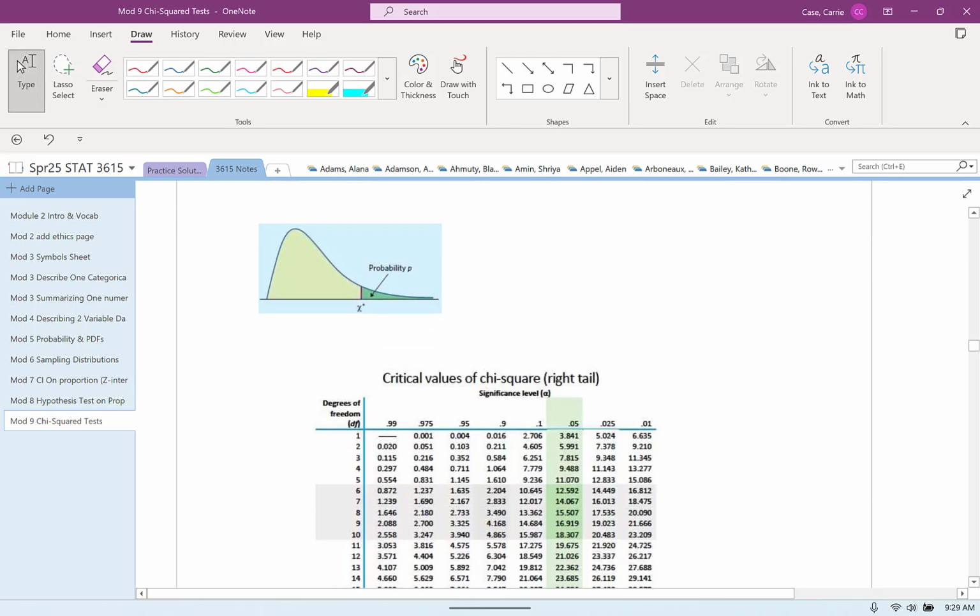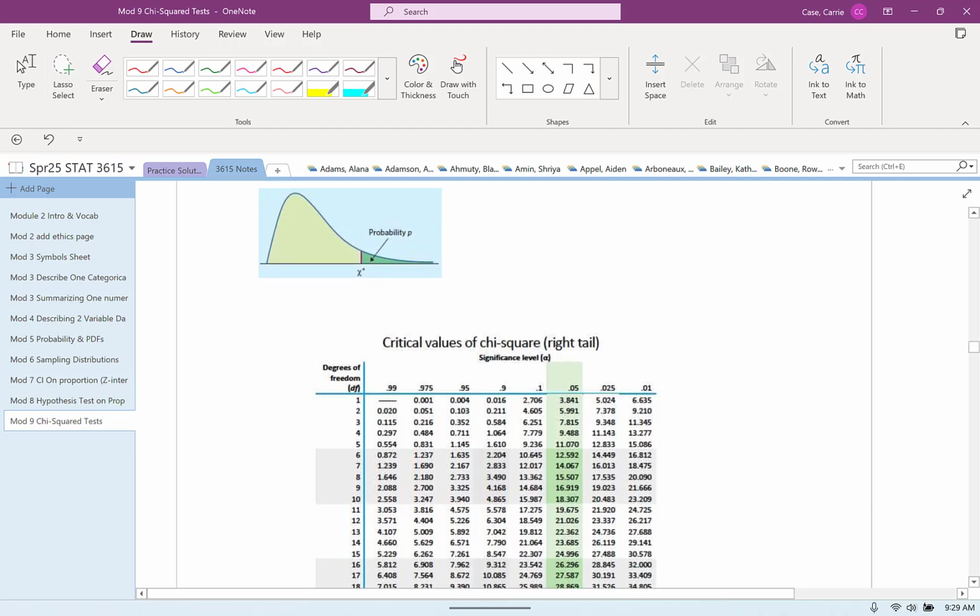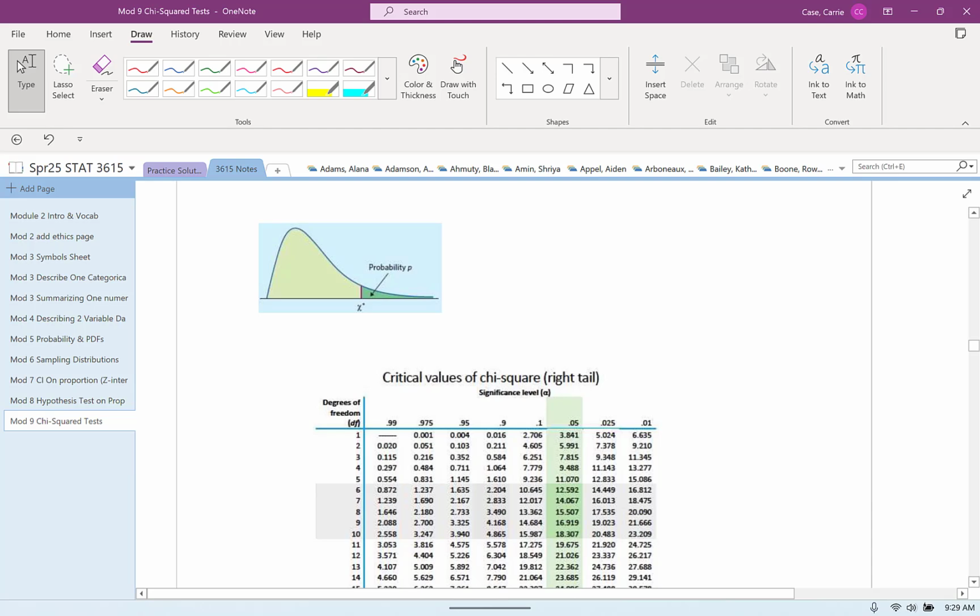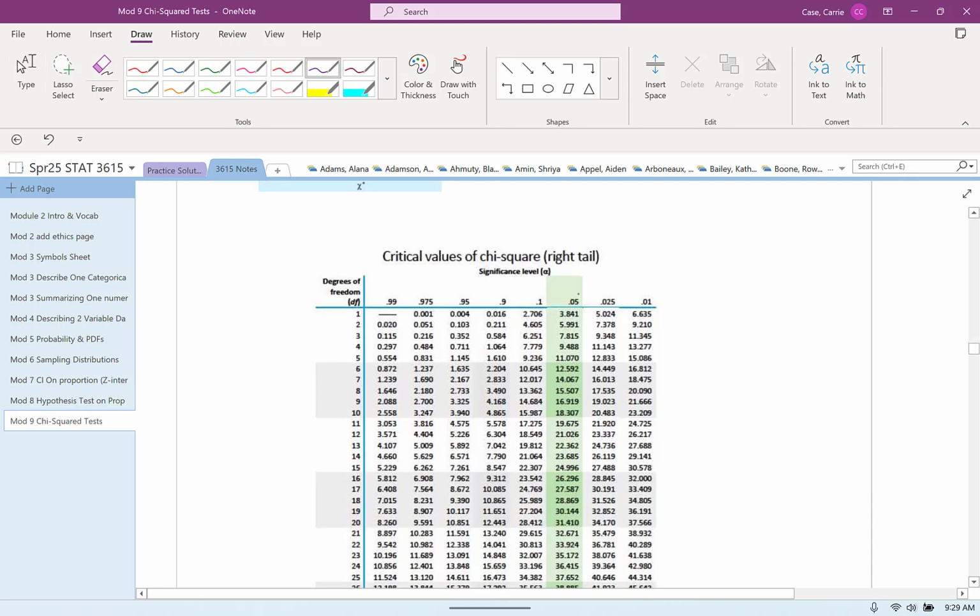So what we use is these tables that have been built for us. This table, and I'm going to use purple here, gives us, no, sorry, not the p-value. It gives us the probability, which is our alpha level. So we're using alpha of 0.05, and notice it says significance level alpha. Sorry, I did that wrong.